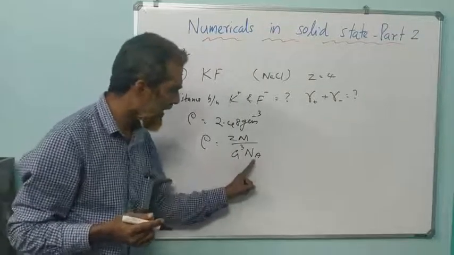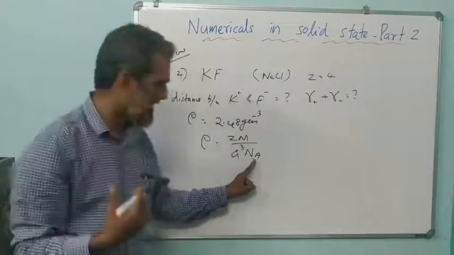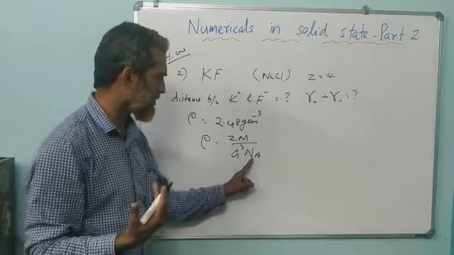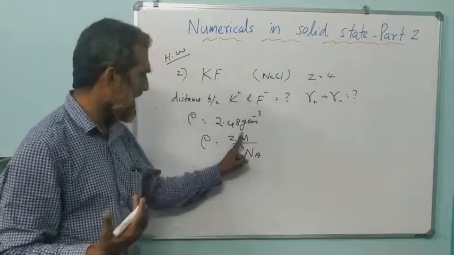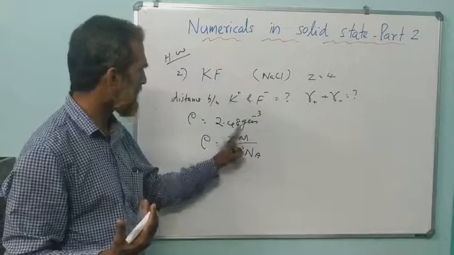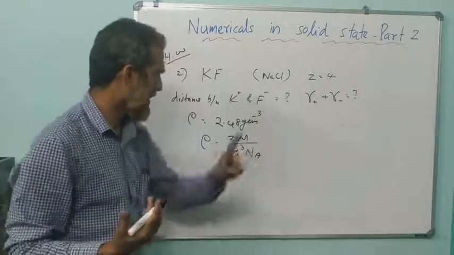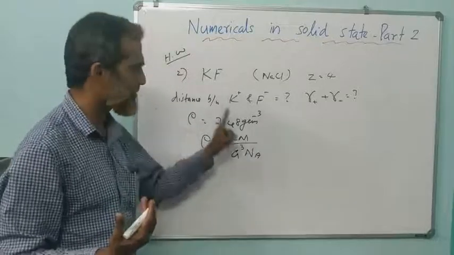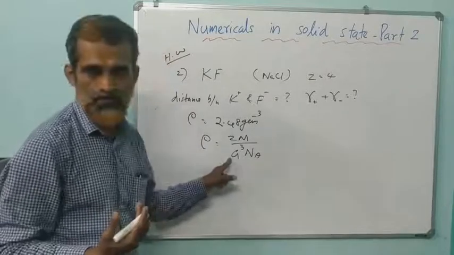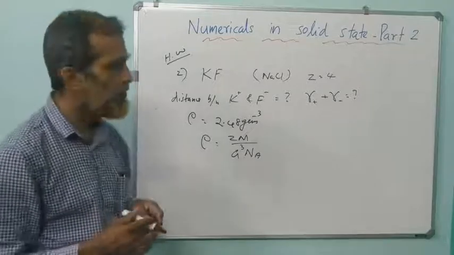For which you can take the Avogadro constant as the normal standard value. You use M, the molar mass, which you have to work out for KF. Z is already obtained and density is also given. So you get A cube, and A you will get from the cube root.